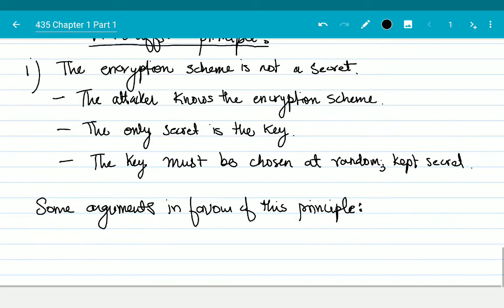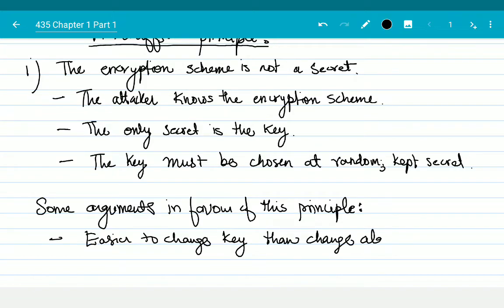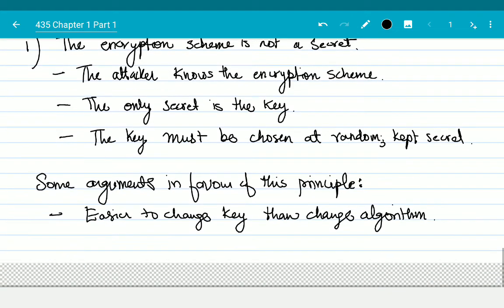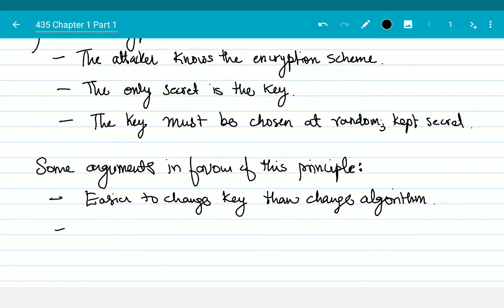Well, here's the thing. It is easier to change the key than it is to change the algorithm. If you want to change an entire algorithm, you have to think up something completely new, how you want to encode something, right?